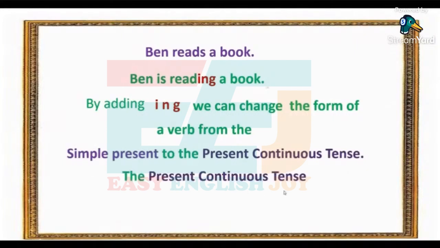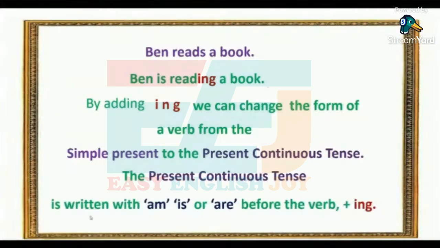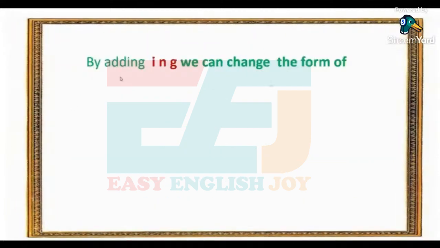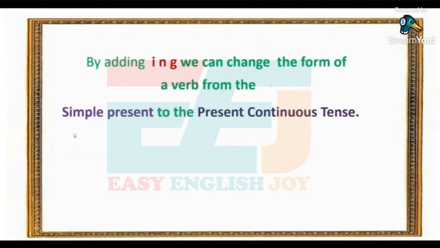The present continuous tense is written with am, is, or are before the verb followed by ing.